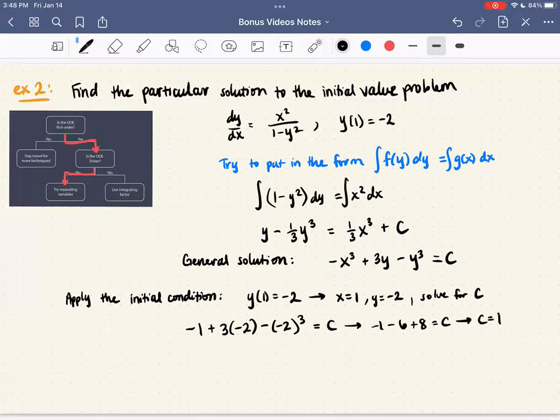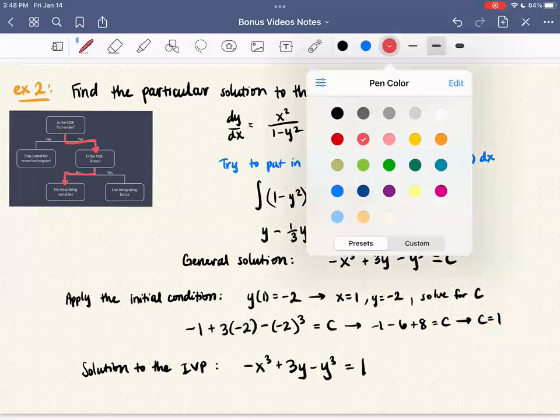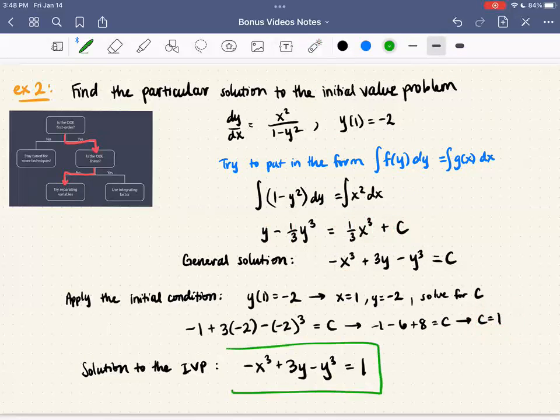So really, c is 1. Therefore, my solution to the initial value problem, I'll call it IVP for short, is -x cubed plus 3y minus y cubed equals 1, coming from that constant here from our initial conditions. And that is our solution.